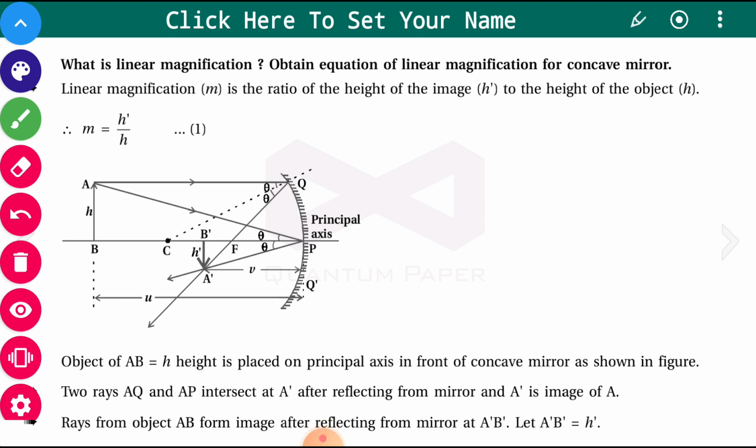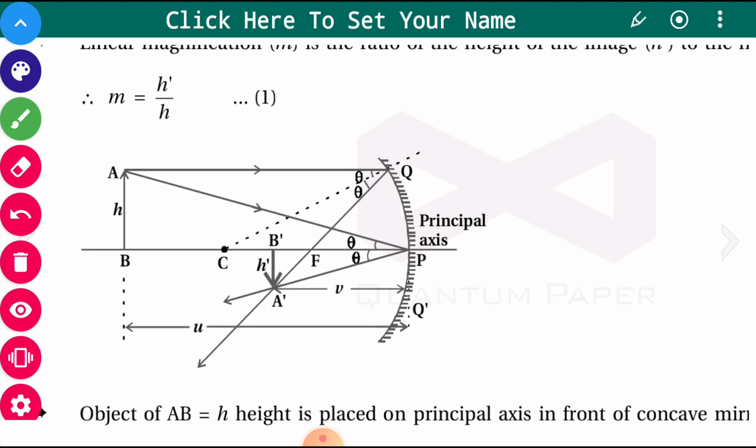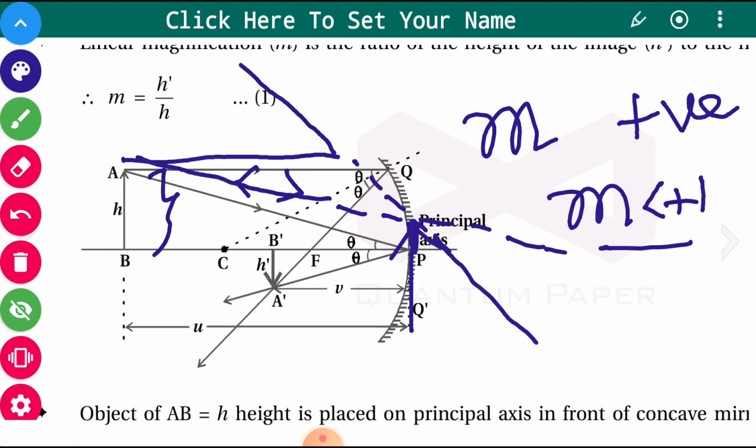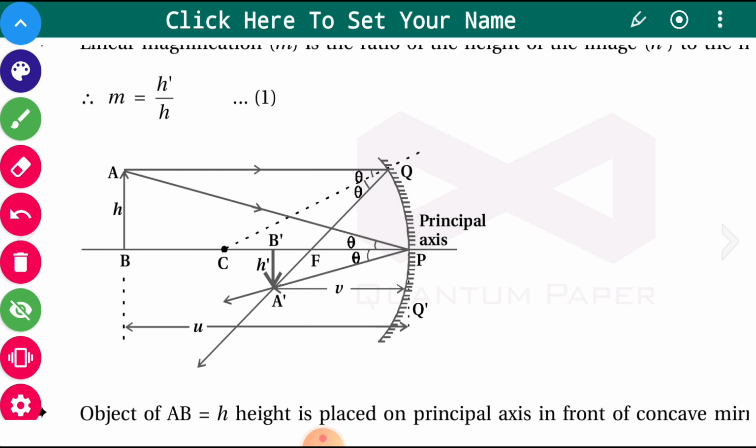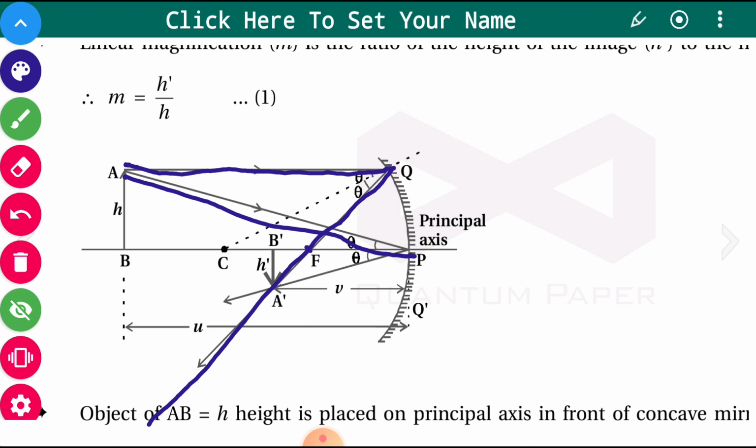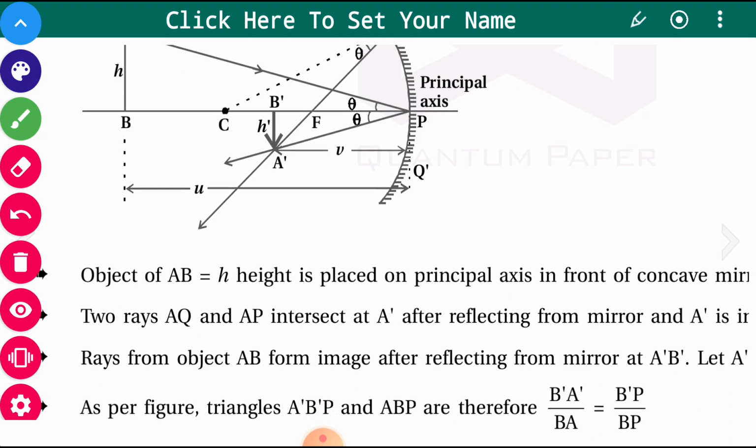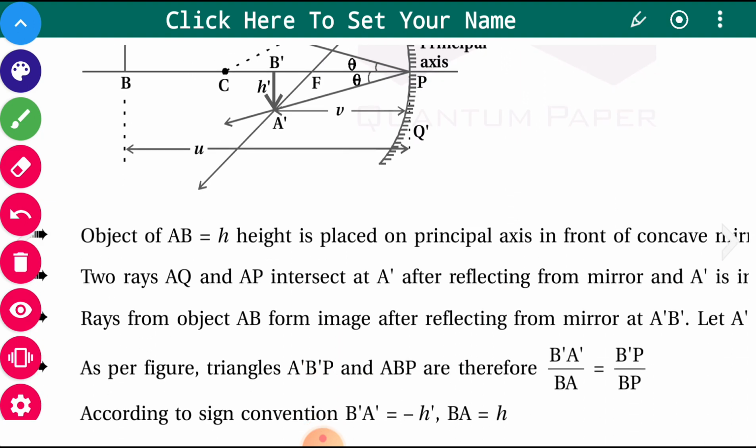Now this figure is very familiar to you. A ray parallel to the principal axis, after reflection, passes through the focus; an oblique ray will be reflected at the same angle as the angle of incidence, and the image is formed here. Now we take two triangles, A prime B prime P and ABP.